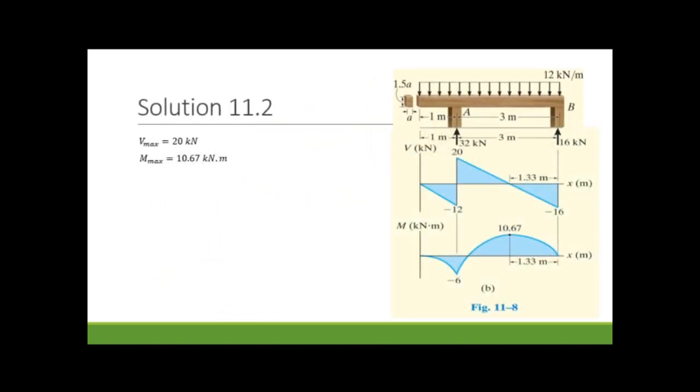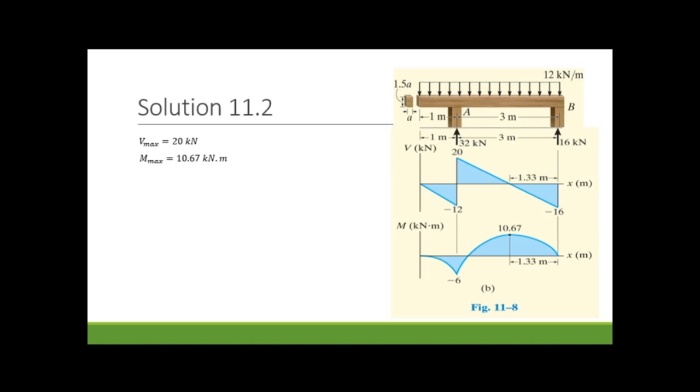Okay, first of all I want to draw the moment and shear force diagrams. I already showed how to draw a moment and shear force diagram in a previous example, therefore I don't want to do it again. But if you have any trouble finding the moment and shear force diagram, I am planning to add an extra video solving the moment and shear force diagram.